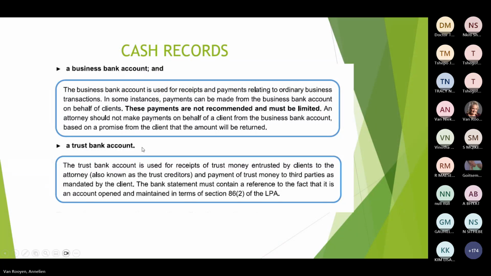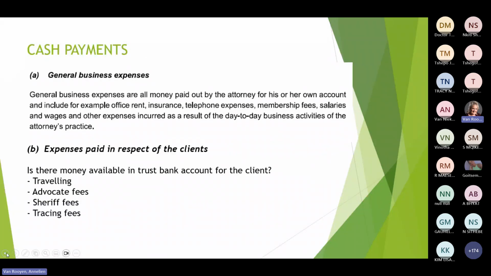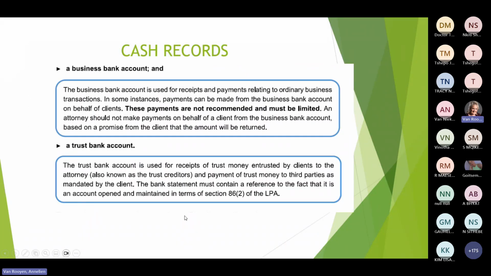Now, as we are referring to lawyer accounts, it is extremely important for you as lawyers of the future, as I would perhaps say, lawyer wannabes, to understand that lawyers should always keep separate accounts for their business bank and for their trust bank. It is compulsory, it is by law.